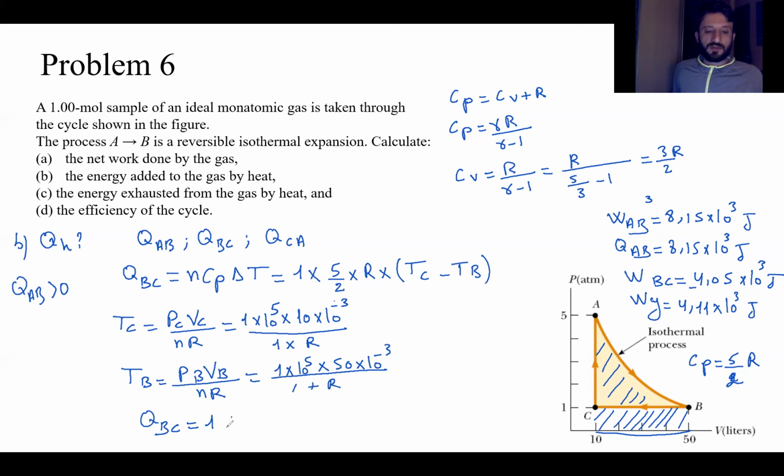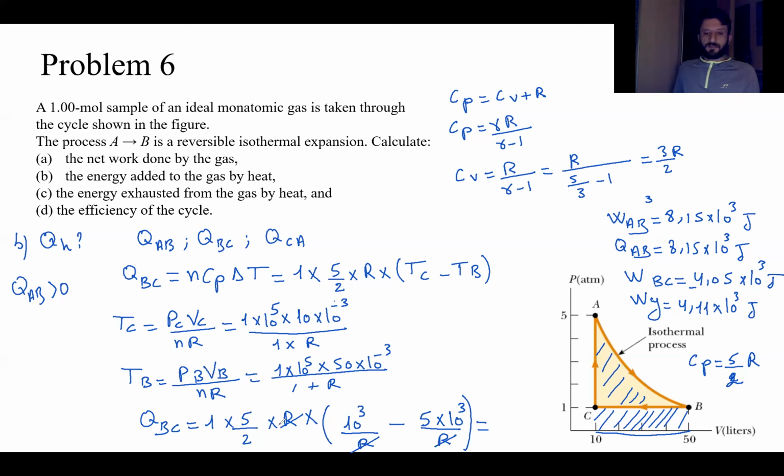QBC equals 1 times 5 over 2 times R times TC minus TB, where we have TC equals 10 power 3 over R, which is equal to 5 times 10 power 3 divided by R. We calculate QBC. We can eliminate R and R like this.